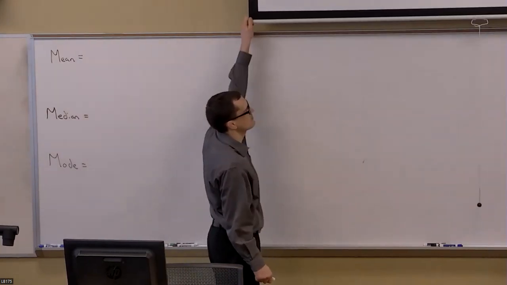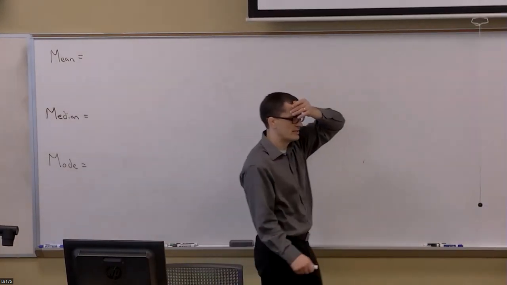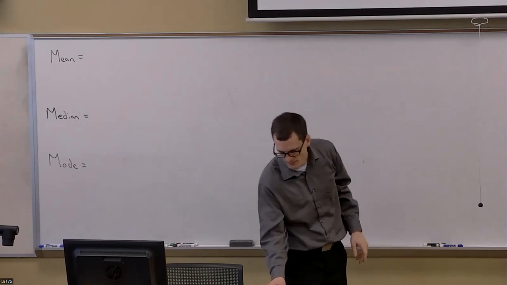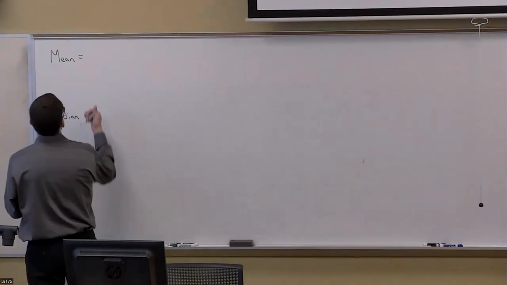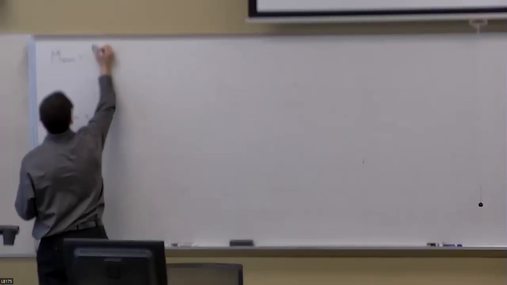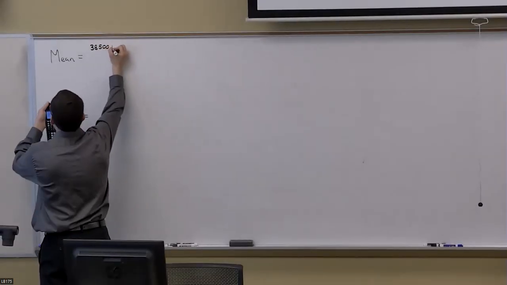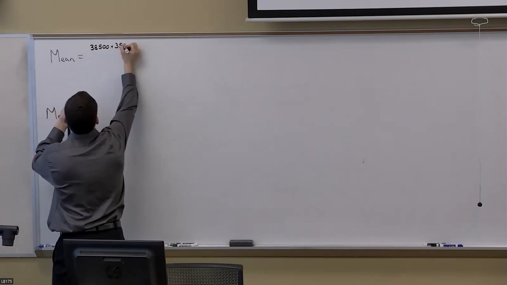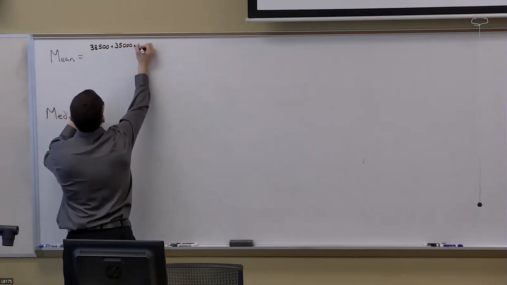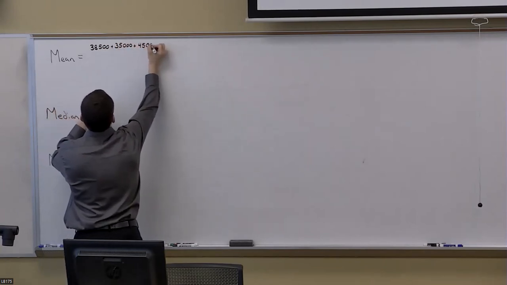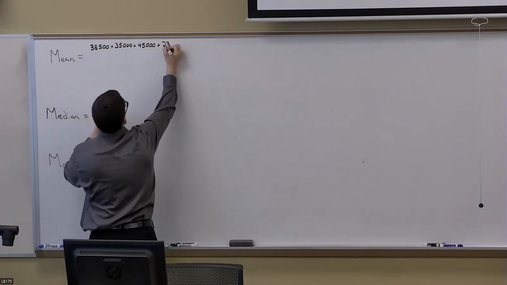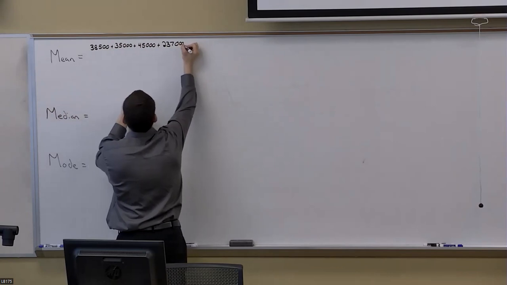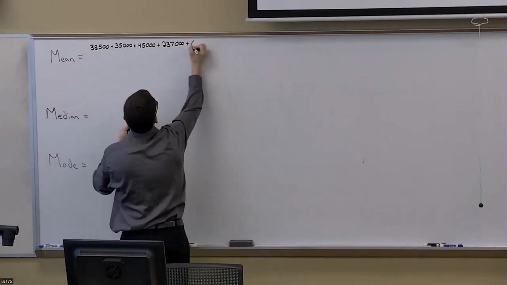Now, obviously, we're going to have to use our calculators here to get that. So what I did to find the average, I took the 38,500, added the 35,000, added the 45,000, added the 237,000, and added the 62,000.